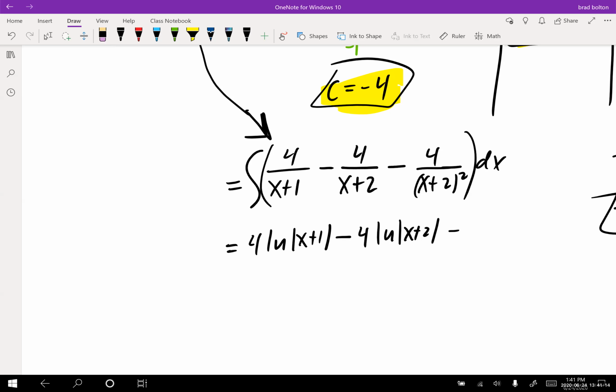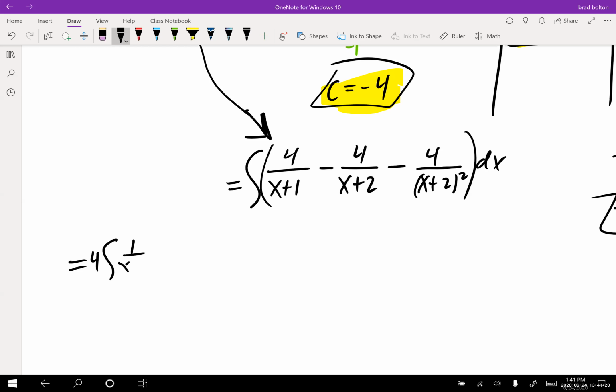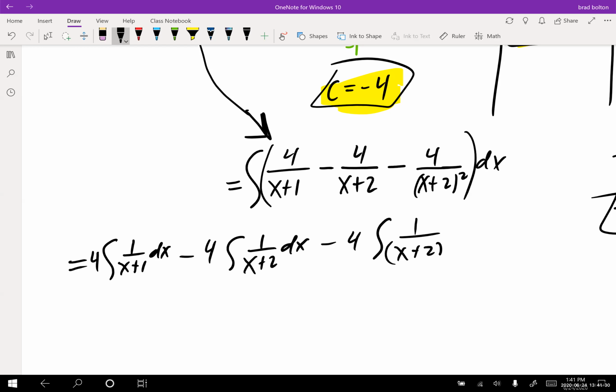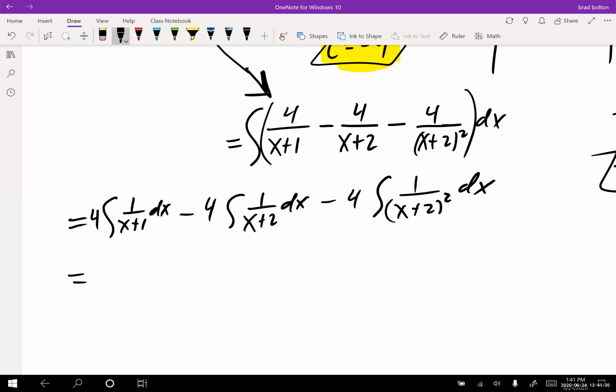Minus, you know what, I should write it like this. I shouldn't be lazy. The integral 4 integral 1 over x plus 1 dx minus 4 integral 1 over x plus 2 dx minus 4 integral 1 over x plus 2 quantity squared dx. So this one will be 4 ln of absolute value x plus 1.